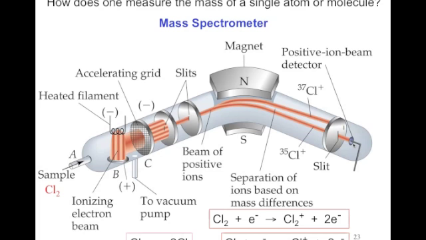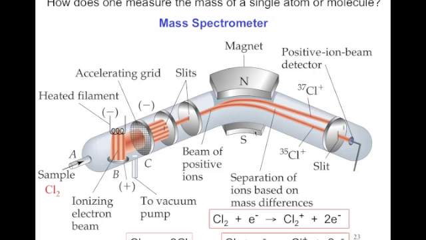Then, if we increase the magnetic field strength, these lighter ions no longer pass through the slit and are detected. Nothing is detected, right? Until we increase the magnetic field strength enough that this one, the 37Cl+, which is a little heavier, finally is bent enough to pass through the slit and then becomes detected.